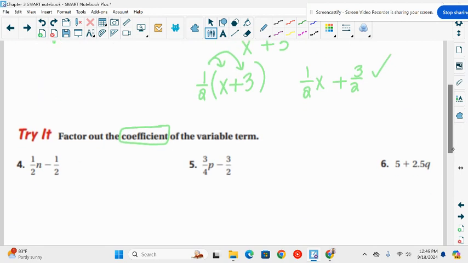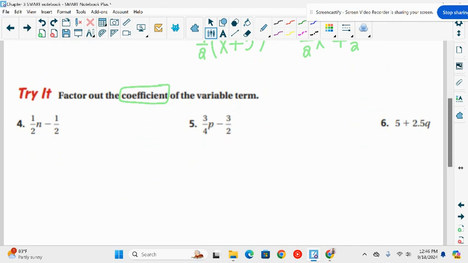So let's look at number 5. Because we already did 1/2. So if I've got 3/4 p minus 3/2, and it wants me to factor using the coefficient, what is the coefficient here? 3/4. What is 3/4 divided by 3/4? 1p, or just p.